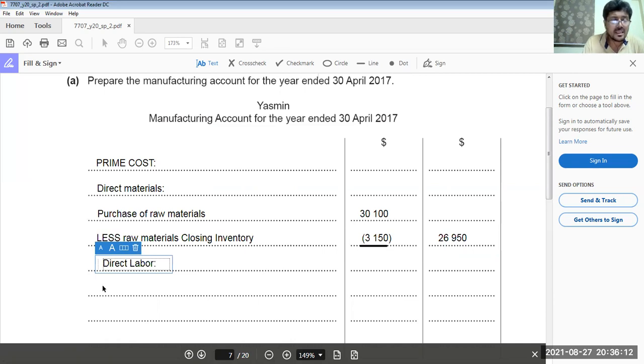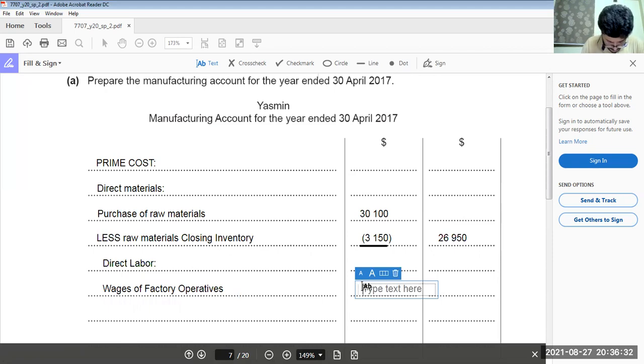Then we will have direct labor. Direct labor includes only the wages of the factory operatives. Wages of factory operatives is given as 31,500.